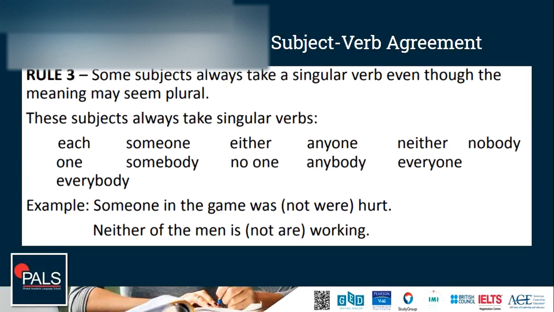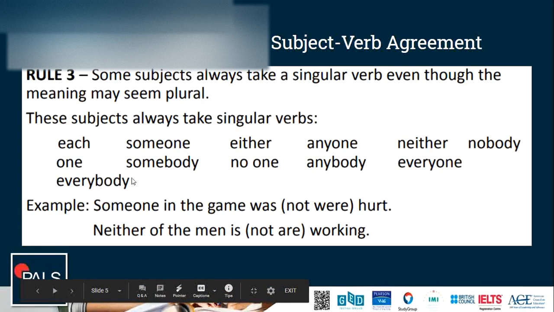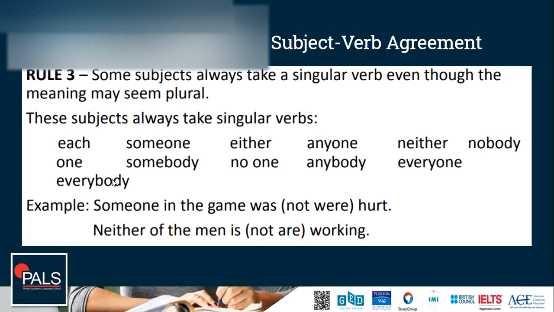Third rule: some subjects always take a singular verb even though the meaning may seem plural, like the word "everybody." It sounds like we have a lot of people, but it is always considered singular. So all of these words: each, someone, either, anyone, neither, nobody, one, somebody, no one, anybody, everyone, and everybody are considered to be singular subjects.